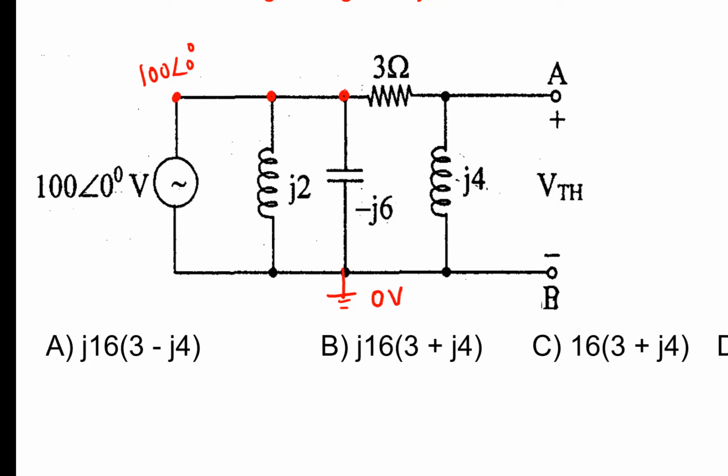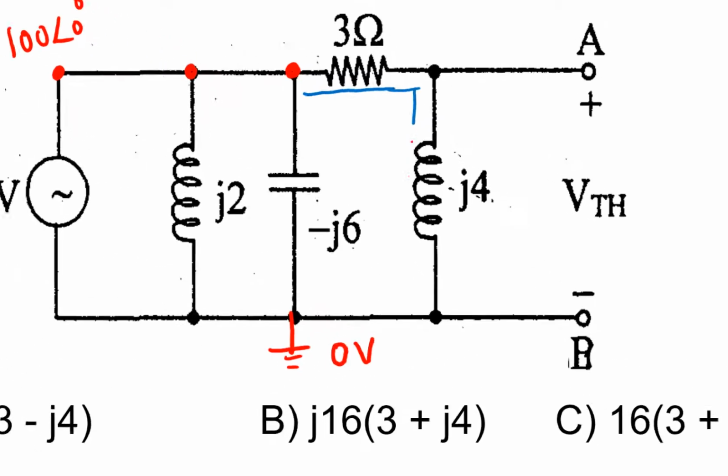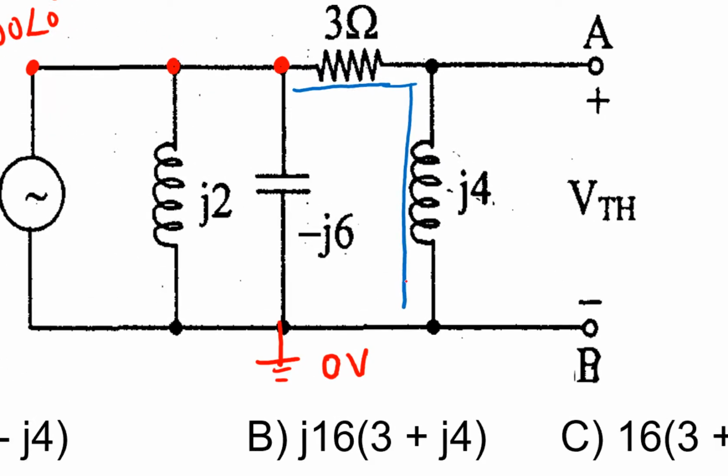Voltage at this point is also 100 at an angle 0. So this voltage is getting divided across the two series connected impedances, and your Thevenin's voltage is the voltage across the 4 ohm inductor.